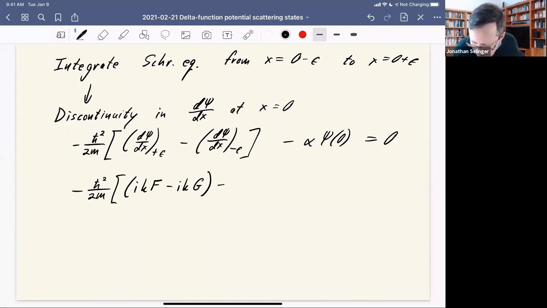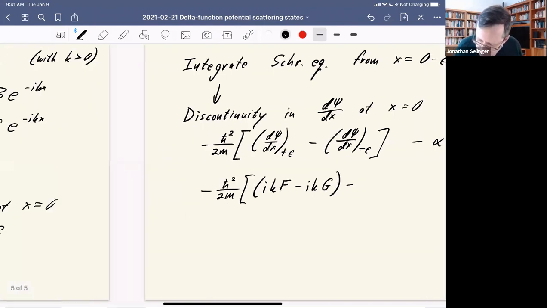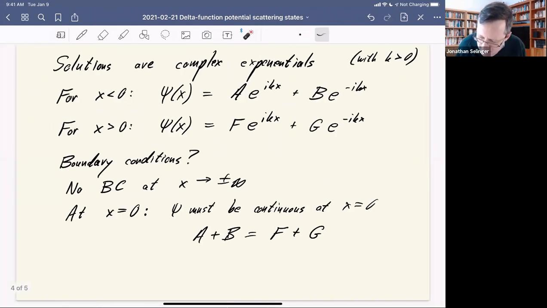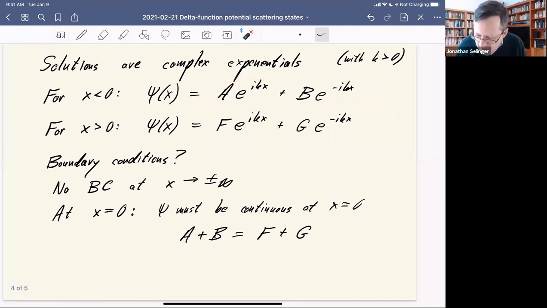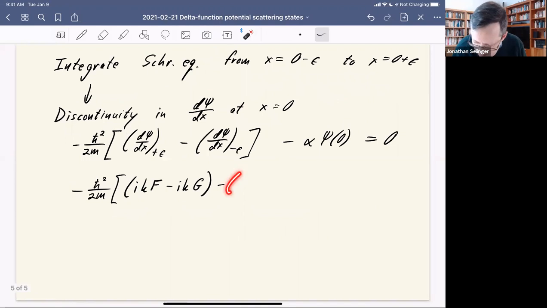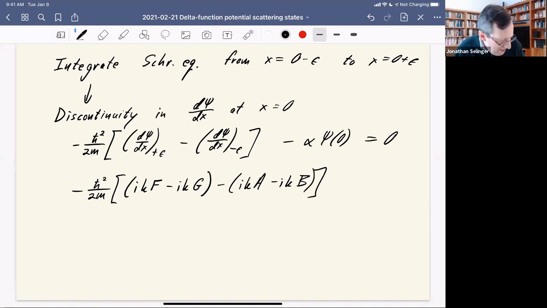Okay, now I want to do the same thing for the function on the negative side. That's using this. So that gives us minus ikA minus ikB. And then minus alpha psi at 0.